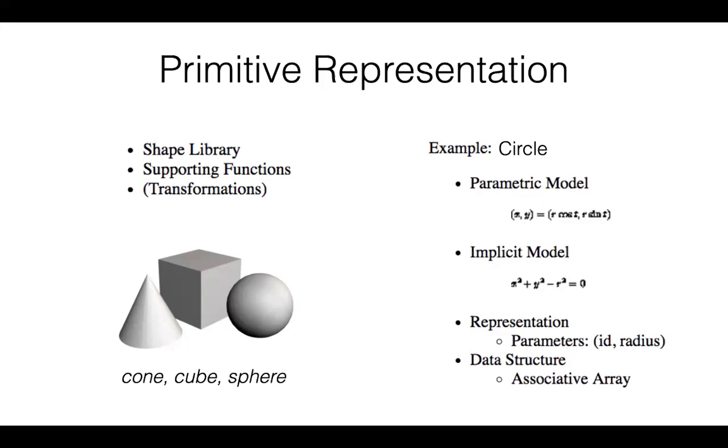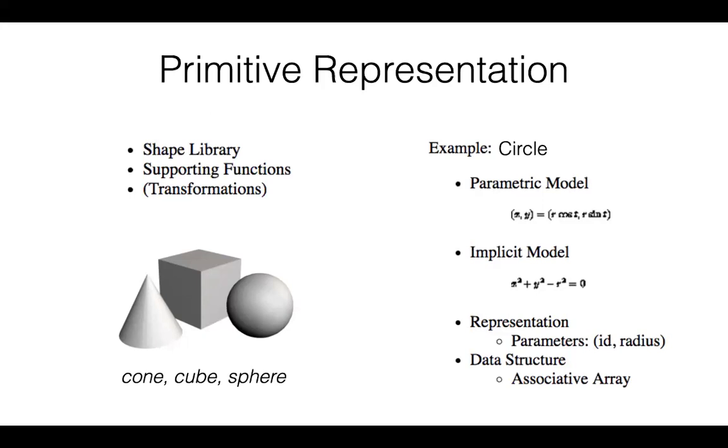And going back to the same example of a circle, here the primitive would have both a parametric and an implicit description. And in the system, the representation will be given by parameters that would be like the radius and identity of the object. Like here, you see that we changed a little bit.